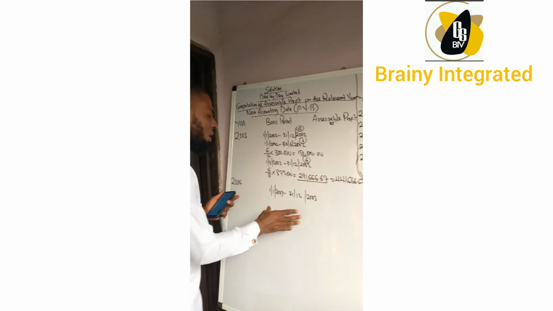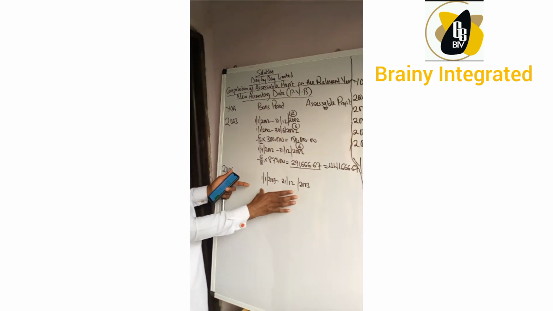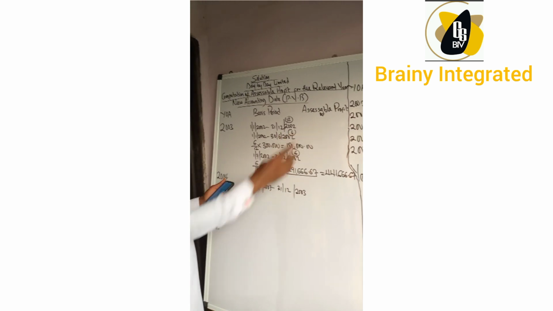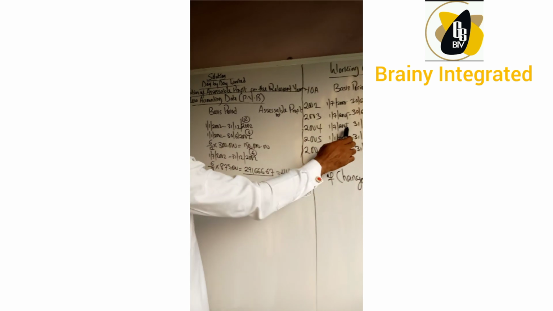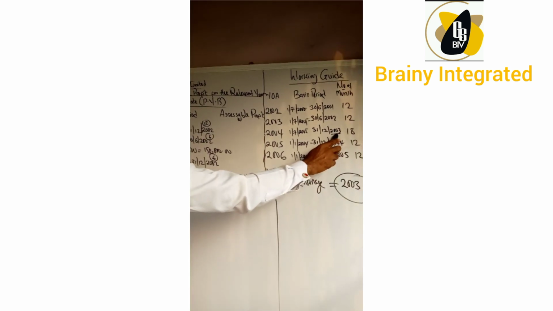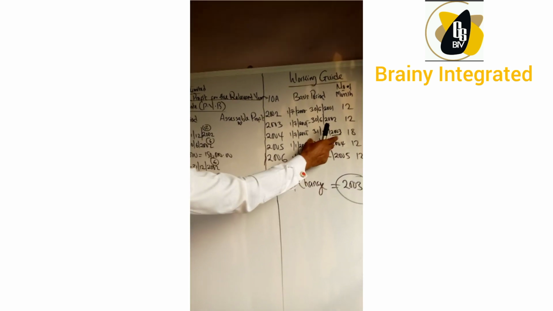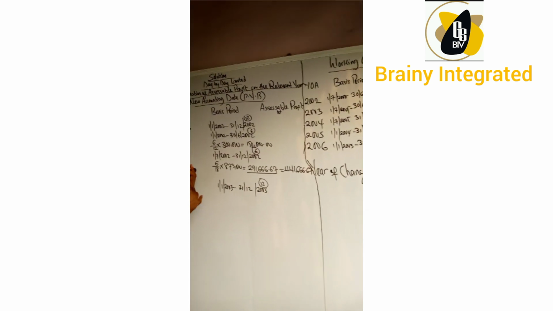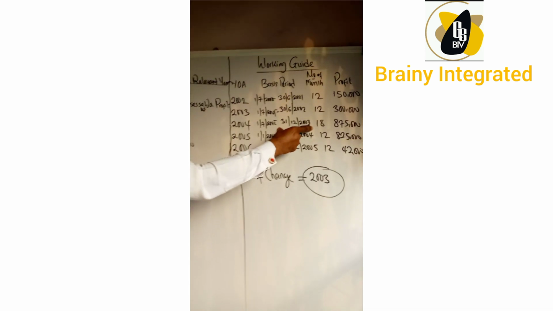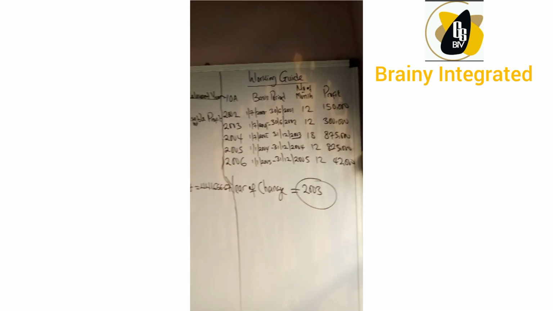Now we are going to say, where can we find this basis period in the working guide? 1/1/2003. Where can we find 2003 first? 2003 can be found here. So 1/1/2003 can be found here. We have how many months here? We have 12 months. But how many months can we find here? 18 months. So we are going to take 12 out of 18.